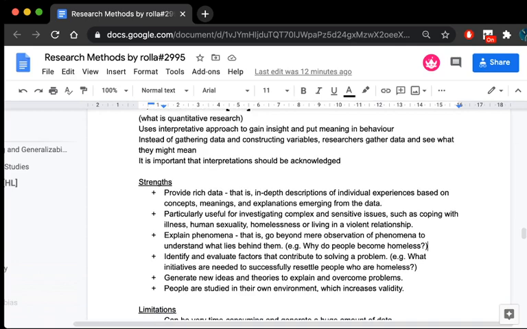It also explains phenomena of what happens. You can go way beyond observing what people do. For instance, in the coronavirus condition right now, a person loses their job, they get homeless, they become poor, they start stealing food.